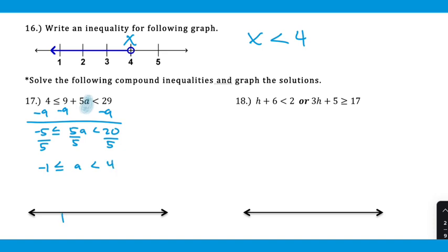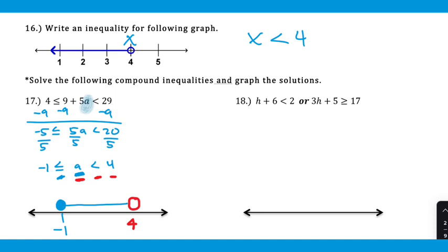We know one of the answers is -1, so we put that, and one of the answers is 4. But it says A is greater than or equal to -1. So we know we can do a filled-in circle, and then it can be less than 4. But it's an empty circle because it's not equal to.